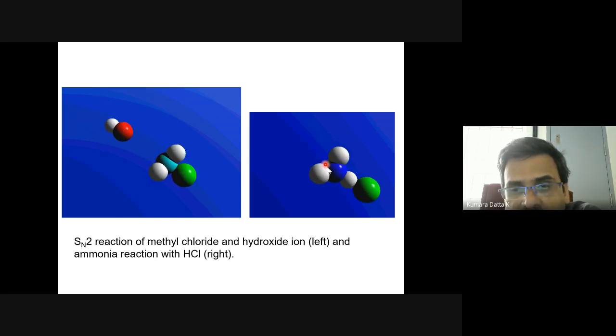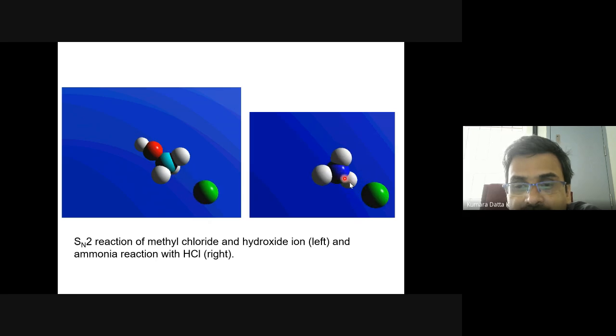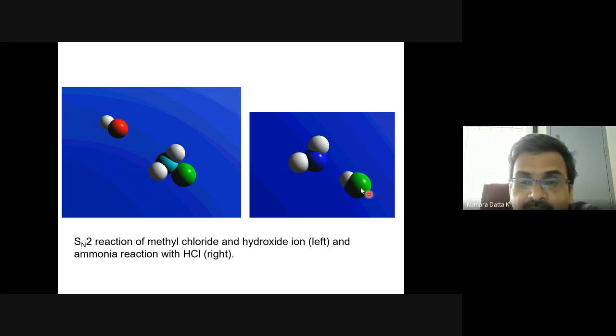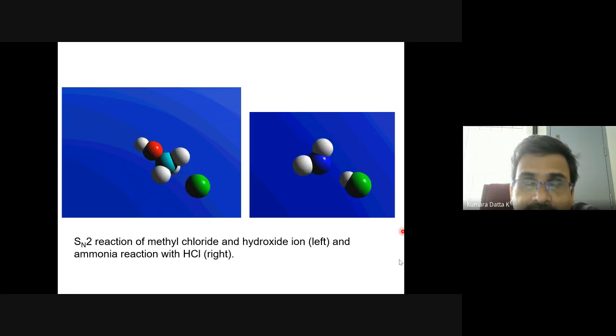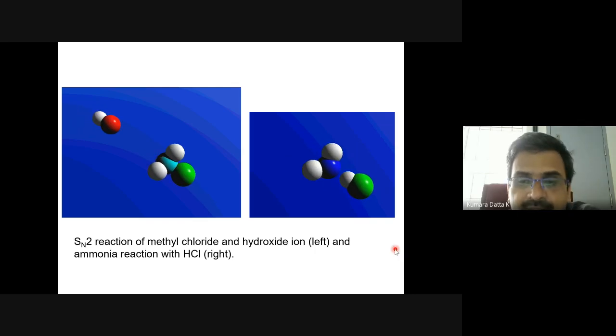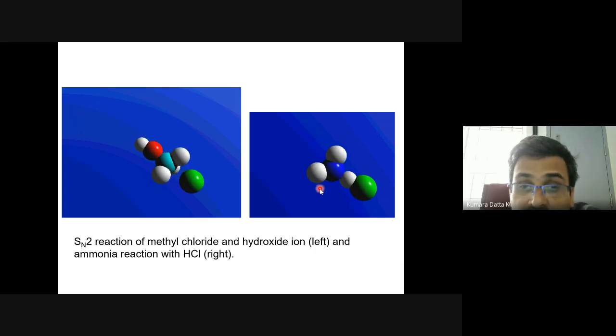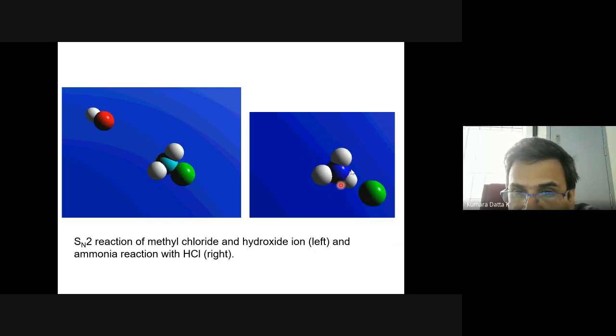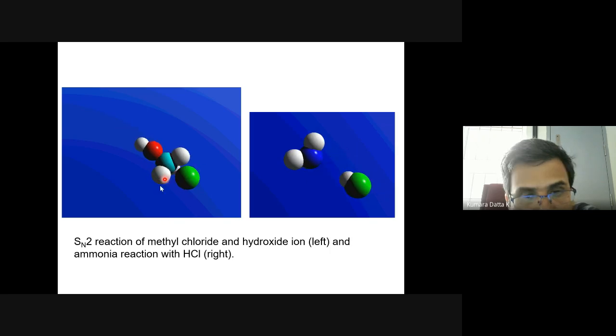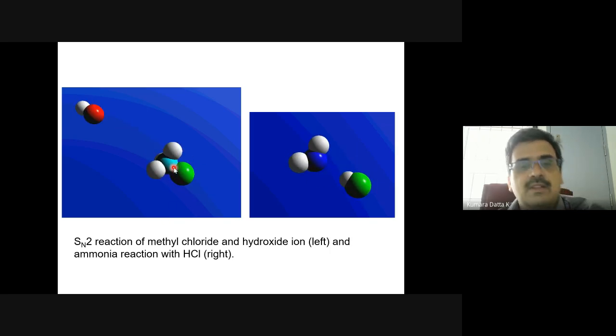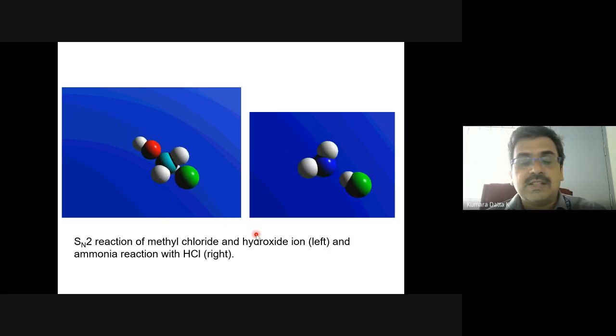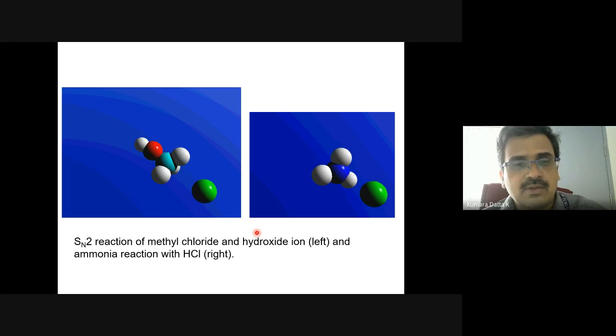Once the nitrogen comes closer to hydrogen, chlorine departs, giving NH4+ Cl-. Here the configuration is retained. Here there is a flipping happening. Okay, so this is the important essence which I would like to highlight to all of you.